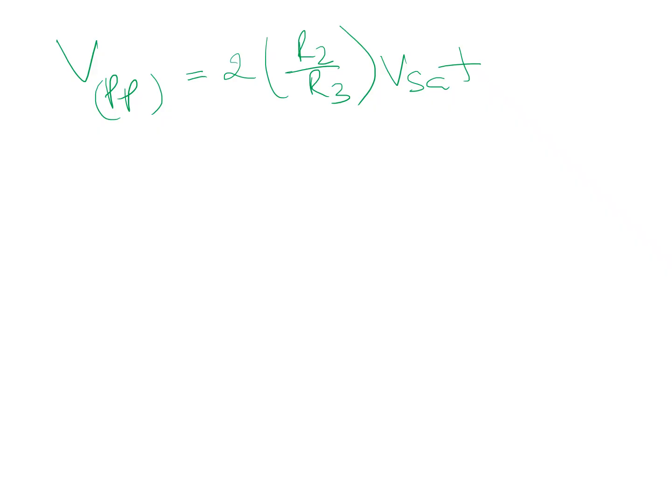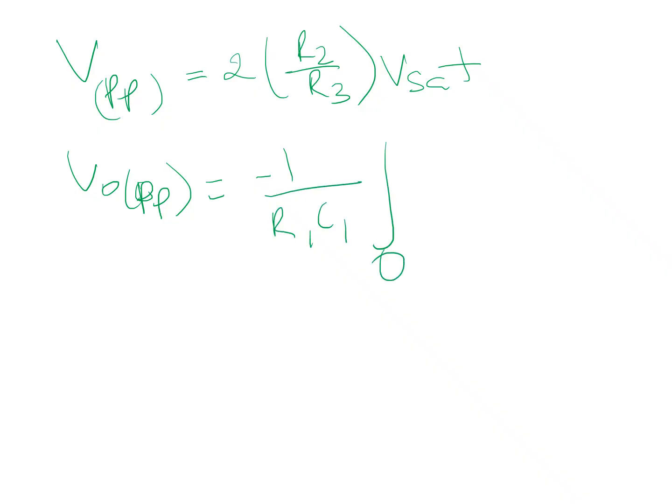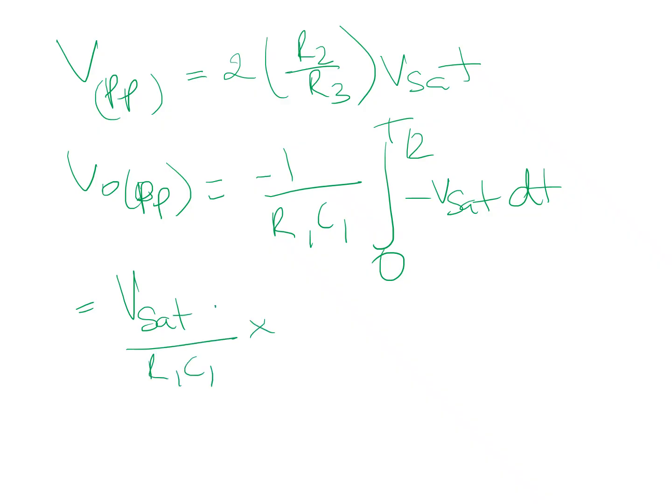The input voltage and the VSAT are equal, then V naught peak to peak value of voltage is equal to minus 1 by R1 C1 integral of 0 to T by 2 into minus VSAT dt, which is equal to VSAT by R1 C1 into T by 2.